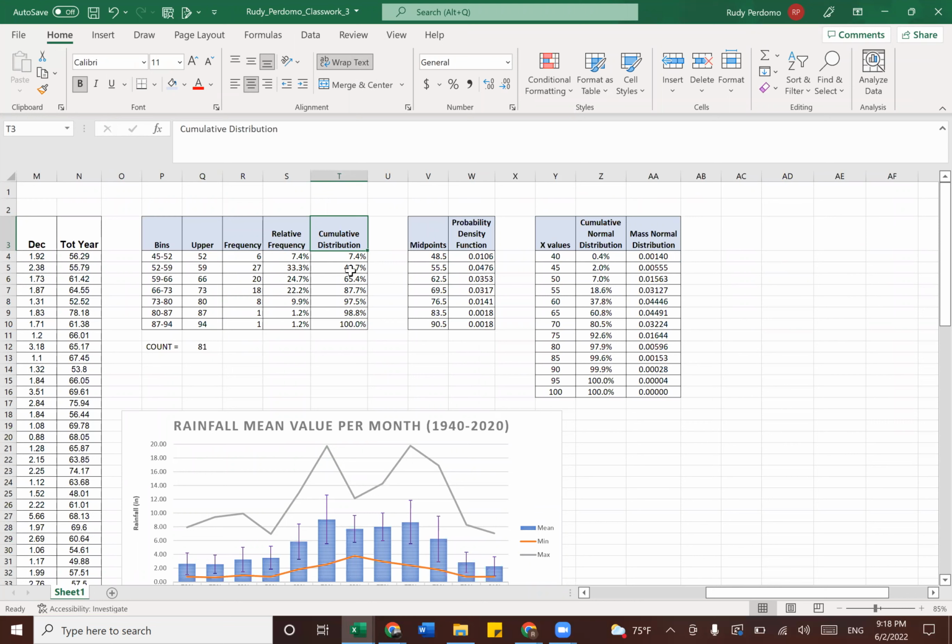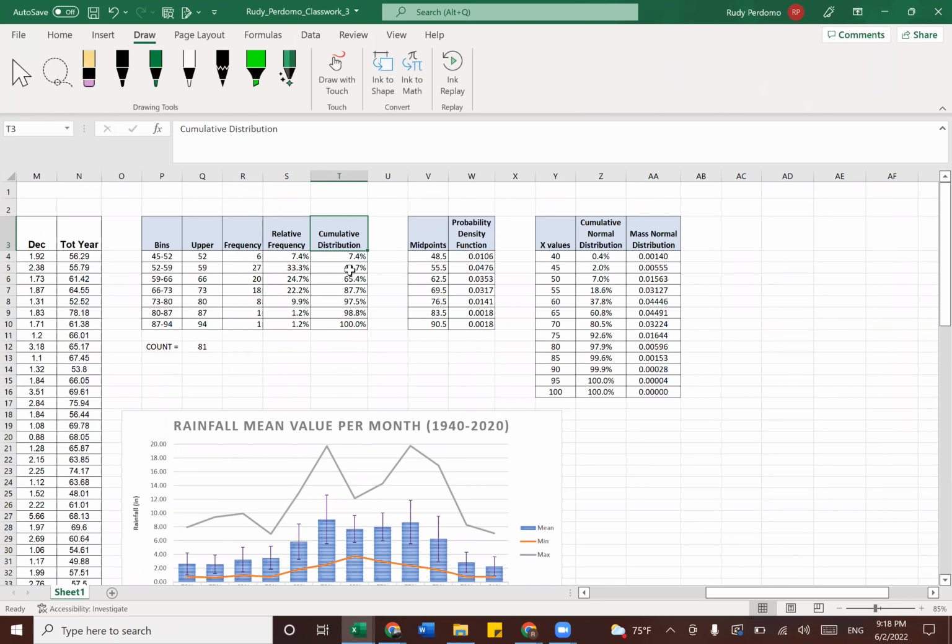Now in the second bin, anything up to that bin has a 40.7% chance of occurring. So anything from 45 to 59 has a 40.7% chance. Now, if you go to the third bin, there is a 65.4% chance of 45 to 66 inches of rainfall.